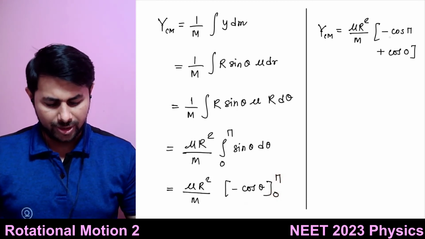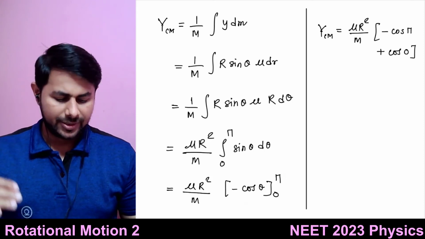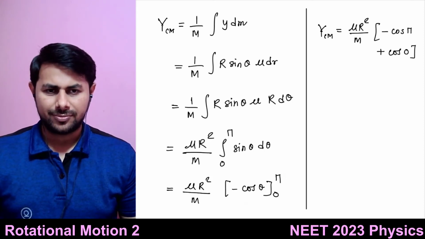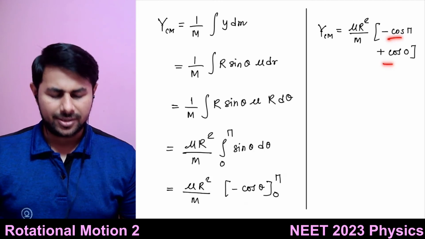It is minus cos pi minus of minus cos 0.